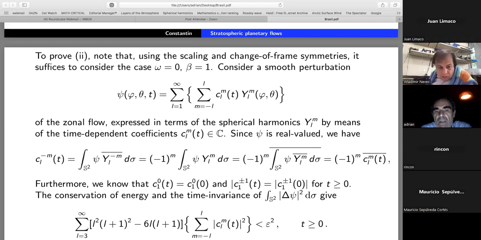And if it's positive, this tells you that this sum of the coefficients remains small if it starts small. The factor in front becomes negative for L equal 2, where the problem is. For L equal 1, you can sort it out with the conservation law.